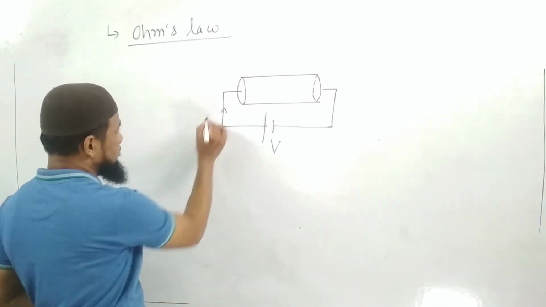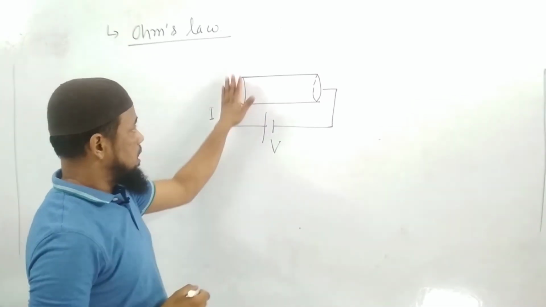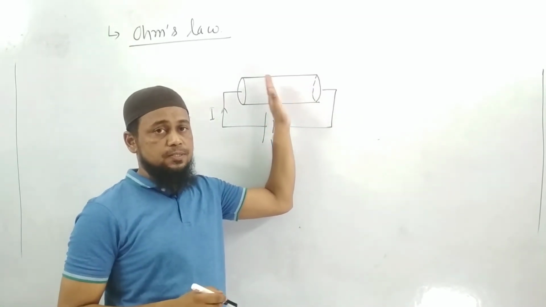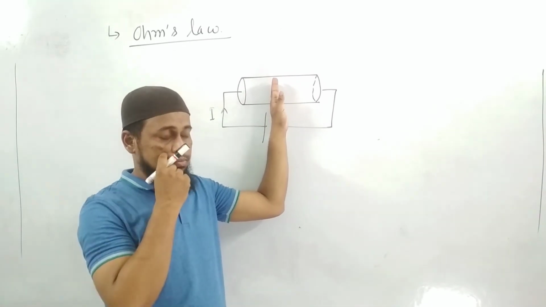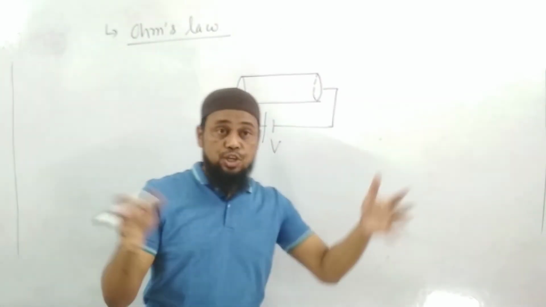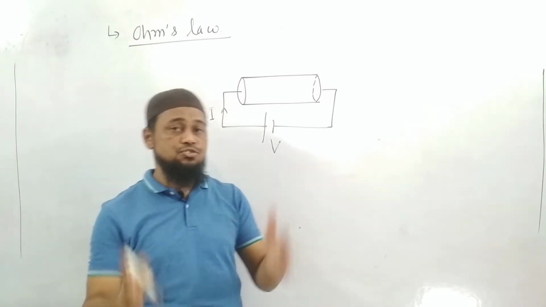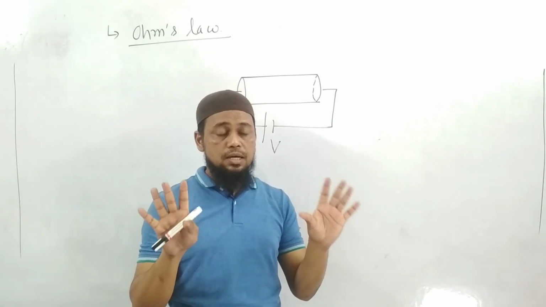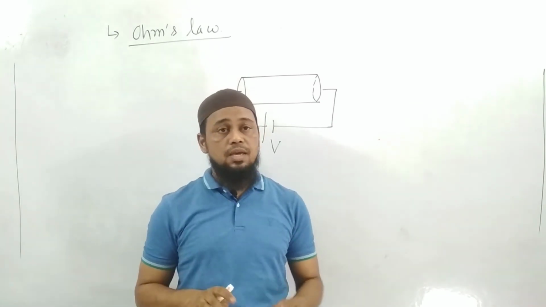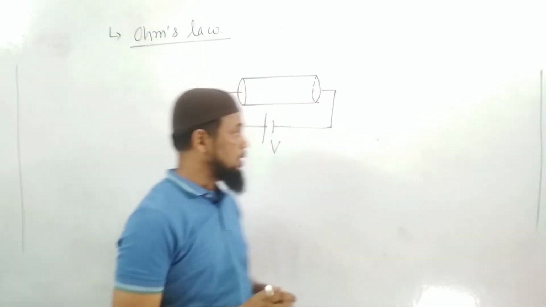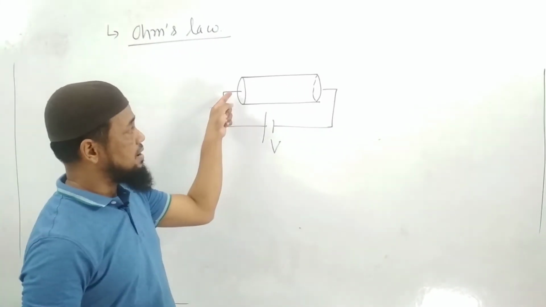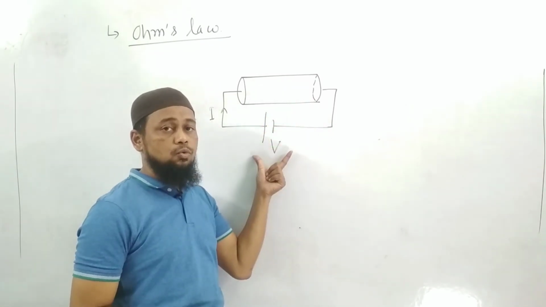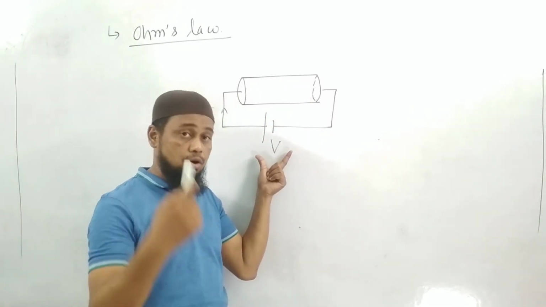Clear? For this conductor, if we assume some physical parameters to be constant, for example the length should not change, cross-sectional area, density, temperature, then how much current passes through this conductor will depend on the potential difference applied across it.